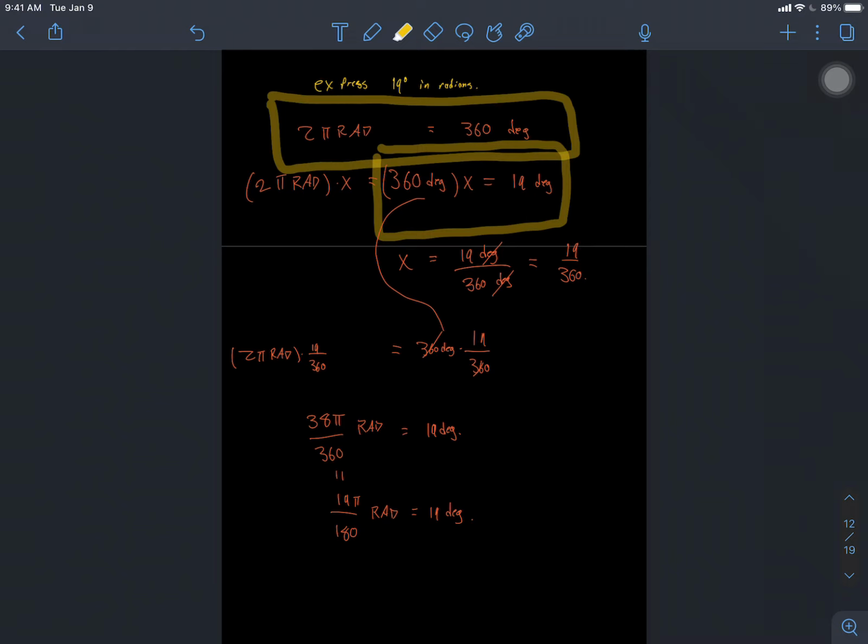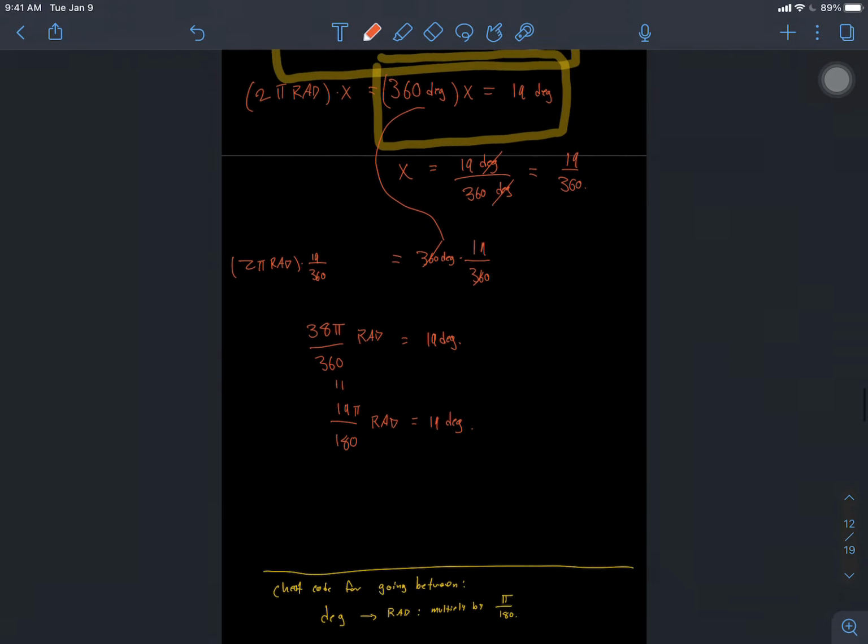So you can just memorize the fact that 2 pi radians makes one full circle, and then set that equal to one full circle in degrees and manipulate that equation in order to convert radians into degrees or vice versa. Okay, so that's what I recommend.